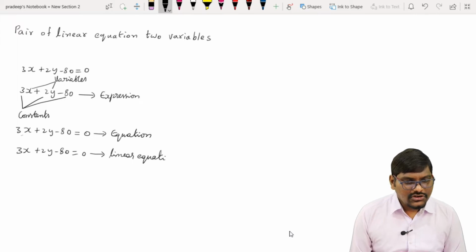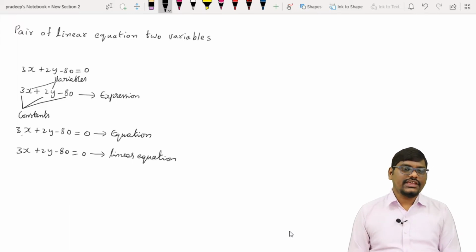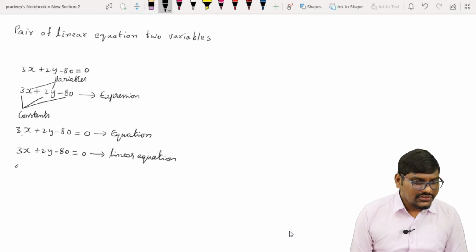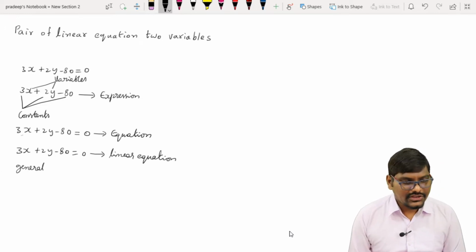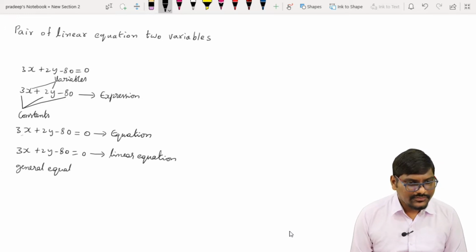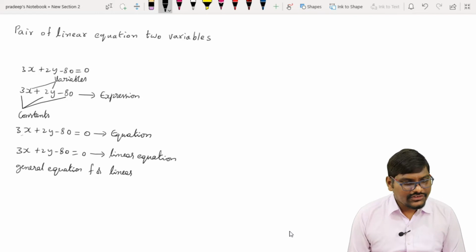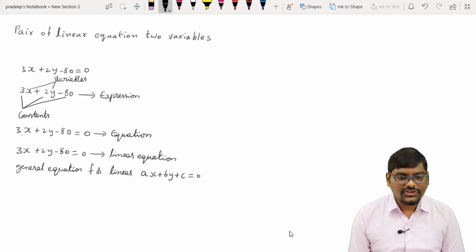For the linear equation, there is a general equation. I'll write the general equation, which will represent the format. The general equation for linear is ax plus by plus c equal to 0.